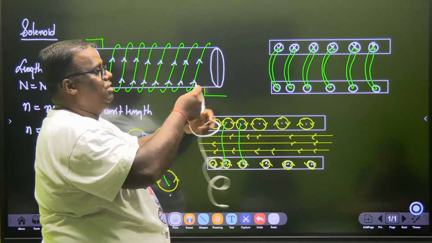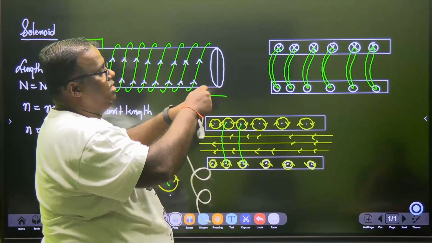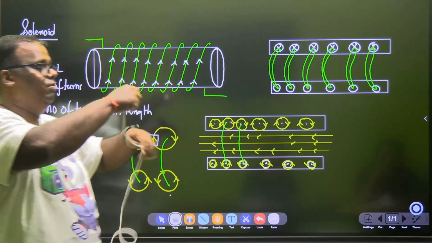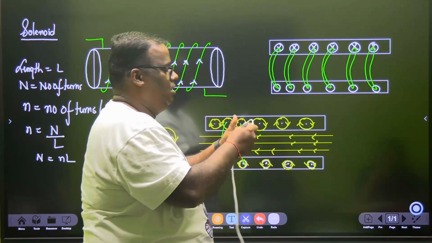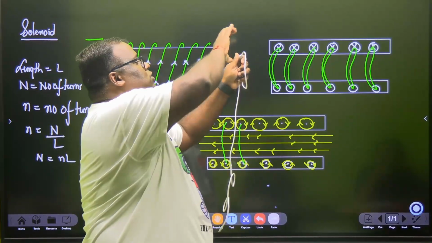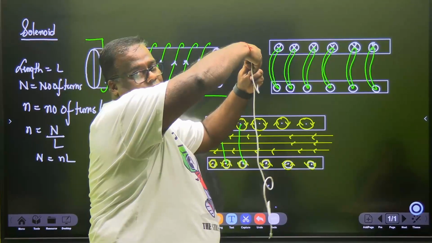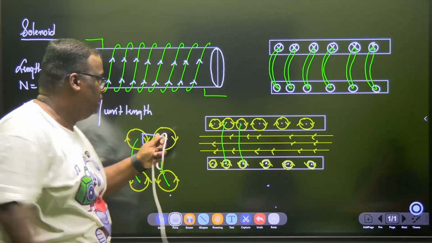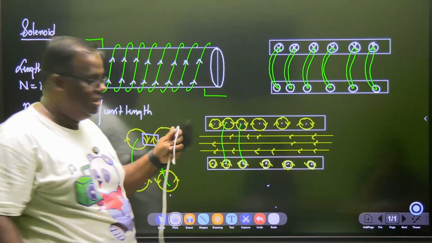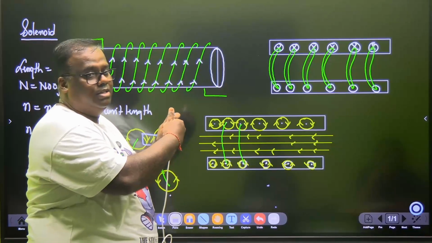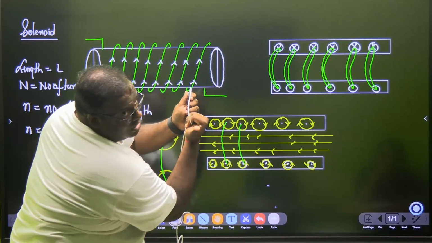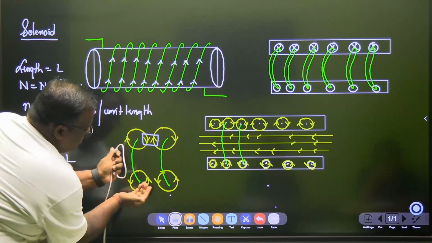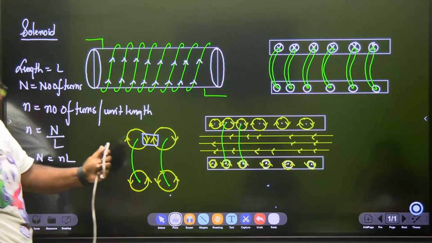This is half of a curve, half of a curve. At this portion, this is the direction. Then as you are coming in the middle part, the current is like this, like this, like this. And as I'm coming at the bottom, the current is like this. Satisfied now?